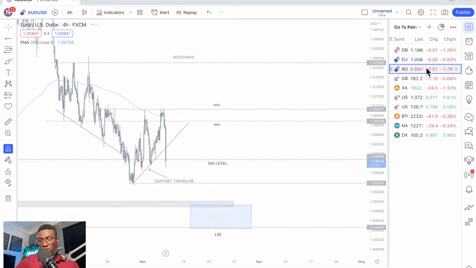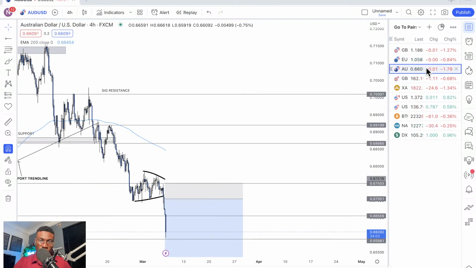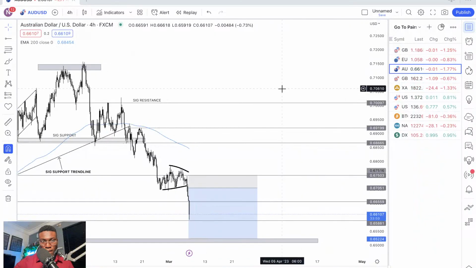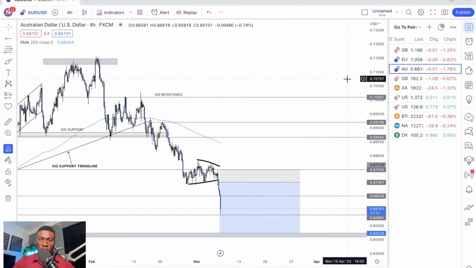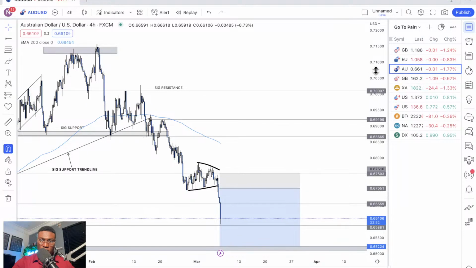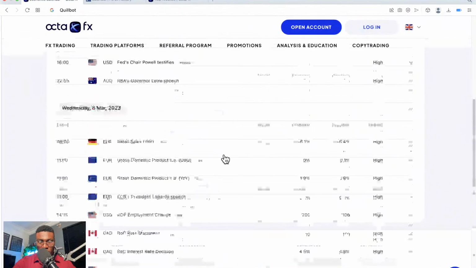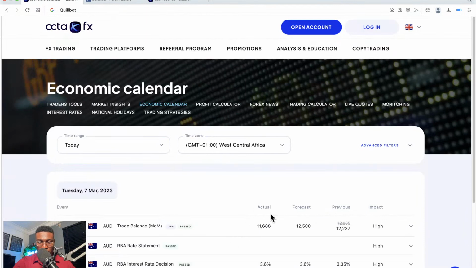Okay, I'm going to proceed to looking at the Australian or the Aussie dollar market as well. If you remember the economic reports from Aussie dollar this morning, you'd notice that we had less reports compared to the previous one.